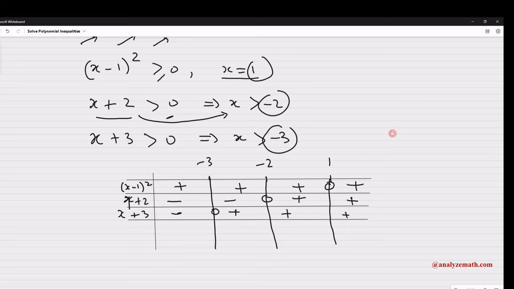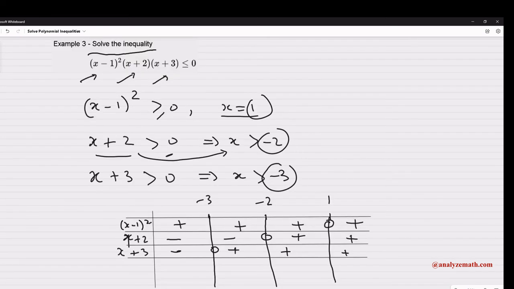Now remember, at the end of the day, what we need is the sign of the whole product. Let's call it y, because it's quite big and we don't want to rewrite all this.